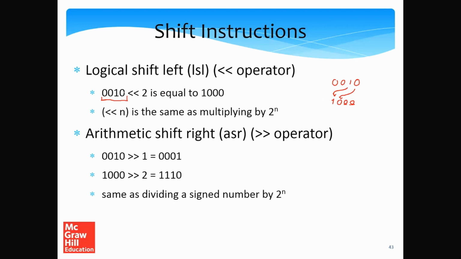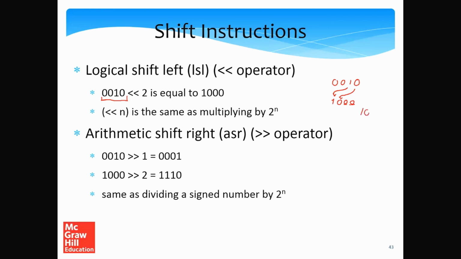We can clearly see that this number is equal to 2 and this number is equal to 8 in decimal. So left shifting by n positions basically means that it is the same as multiplying a number by 2 to the power n. Why is this the case? We shall see in some time. Let me give one more example of left shifting.